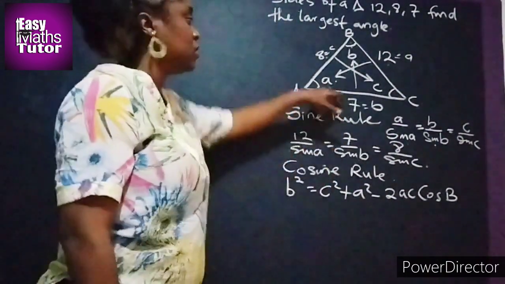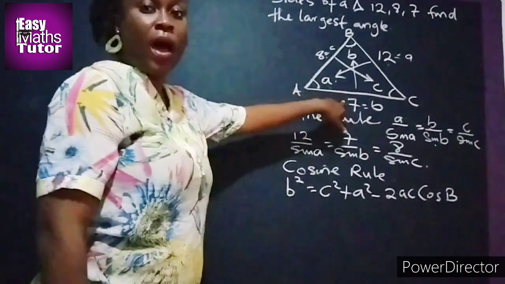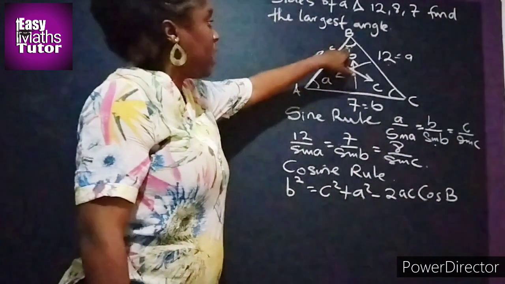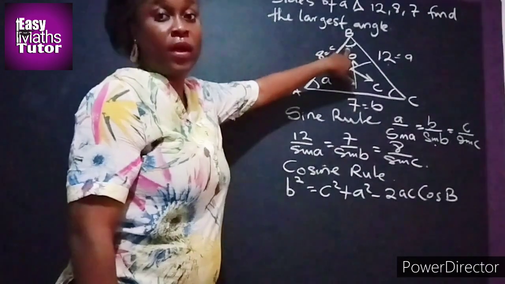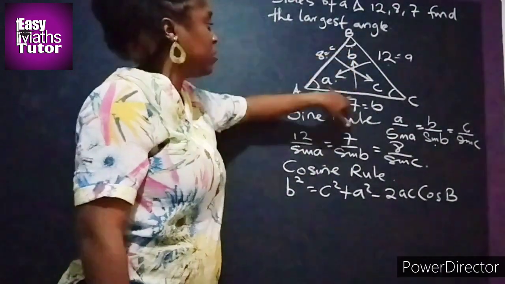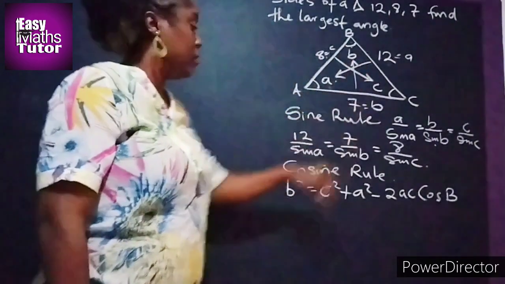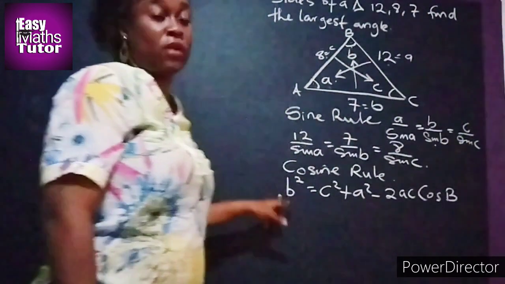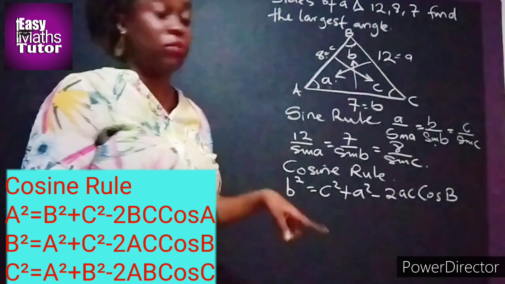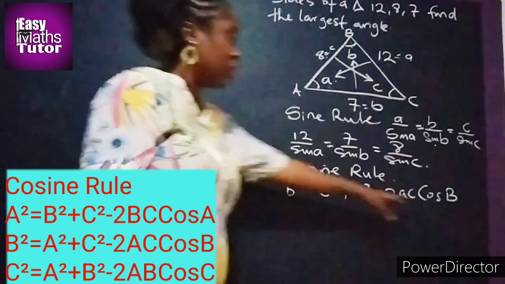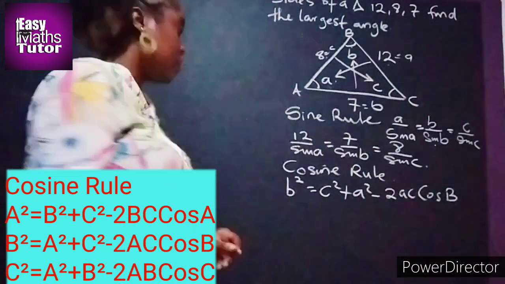I chose B because I think angle B will be the largest, because it's opposite the shortest side, from what I'm seeing physically. I want to use an equation that will give me cos B directly.